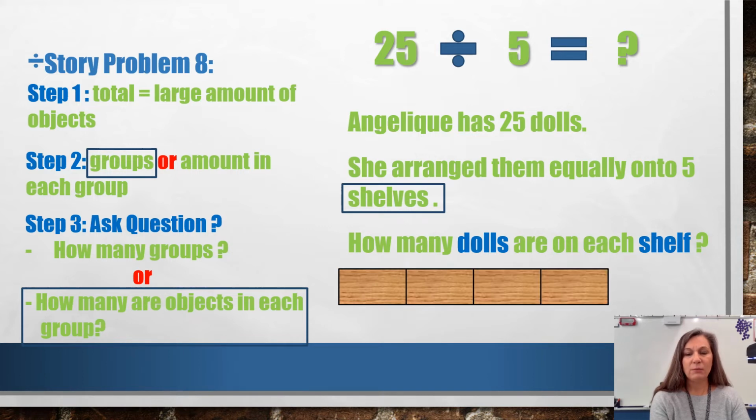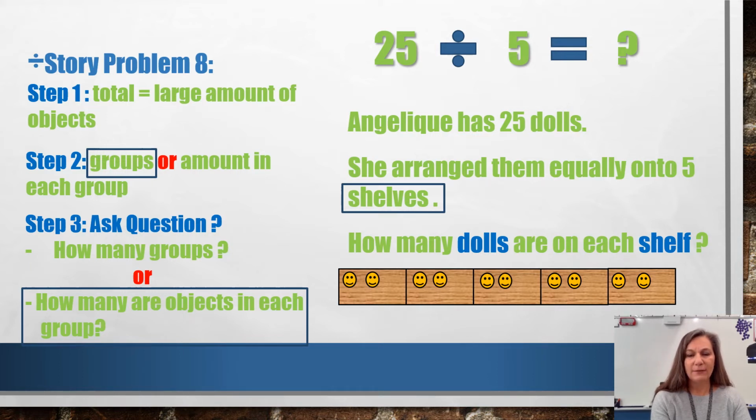So now we can show and model by drawing this out for ourselves. So we have 5 shelves and we are going to arrange the dolls onto the shelves. So 1, 2, 3, 4, 5, and we're going to continue doing this until we reach 25 and have placed all the dolls into equal groups.